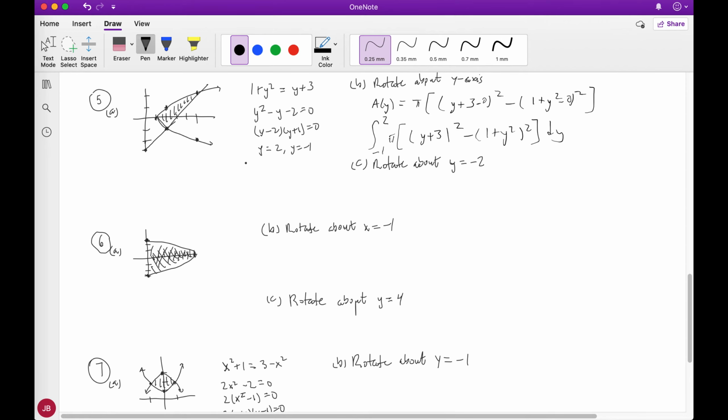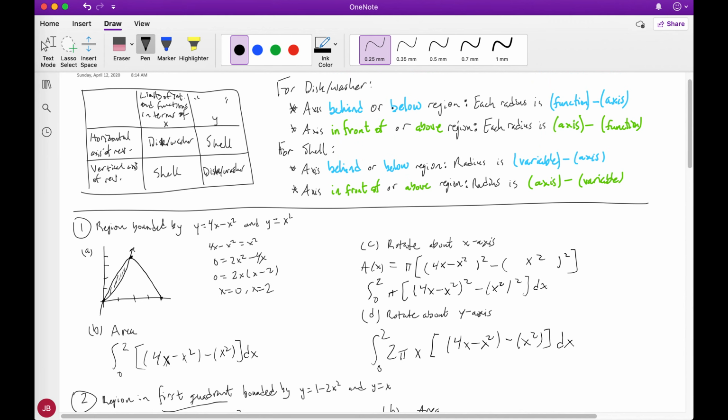Okay, rotating about y equals negative 2. Well, that's down here, right? So we're going to spin about negative 2. What we're going to observe is that we're going to need shell method, because if you look back up at the chart, you have everything in terms of y and a horizontal axis. So that is shell method indeed.